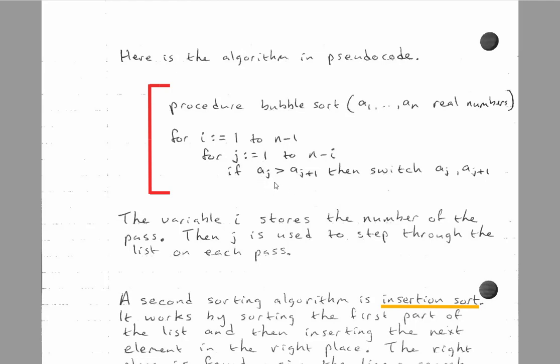And if you do have a pair that's out of order, then just switch that pair. Where switching means AJ takes the value of AJ plus 1, and AJ plus 1 takes the value of AJ.